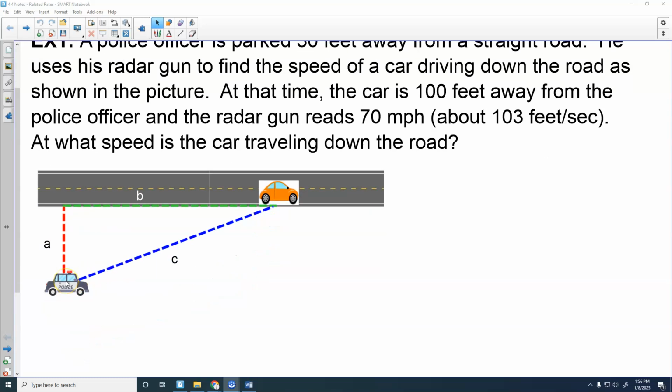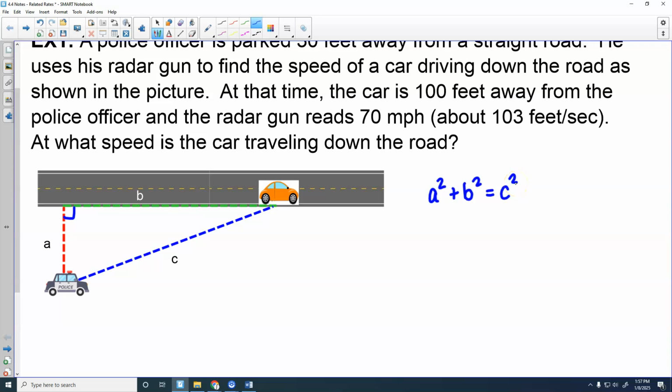Whenever we look at this problem, you can see I've got A, B, and C labeled. And this should be a right triangle. So if it is a right triangle, we know that A squared plus B squared equals C squared.